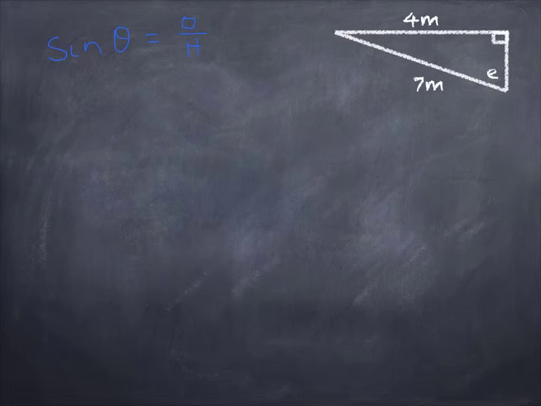So we're still using sine, but we're replacing our theta, the angle, with E, because that's what our unknown angle is labelled as, equals the opposite side, which was our 4, divided by our hypotenuse, which this time was 7. 4 divided by 7. Beautiful.